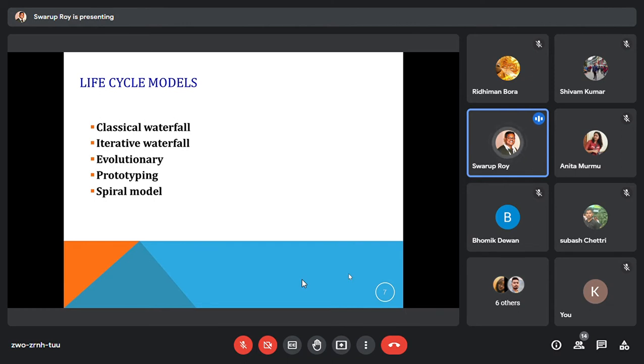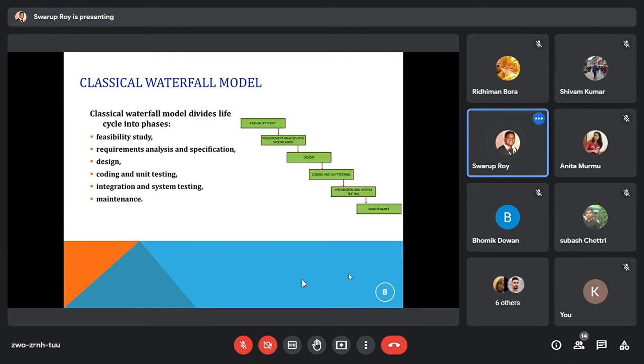Then prototyping, and finally the spiral model. The spiral model is a somewhat complex software development model, but for larger projects, yes, it is also used in the industry, definitely with some modifications.